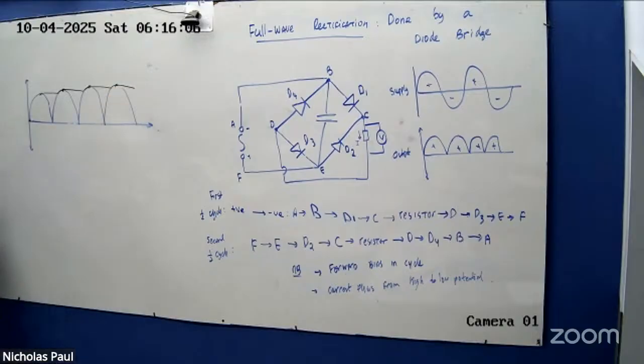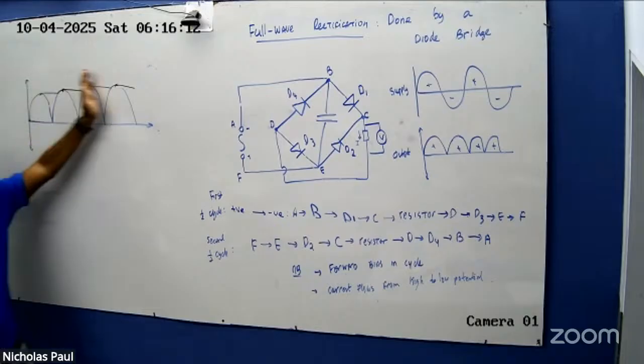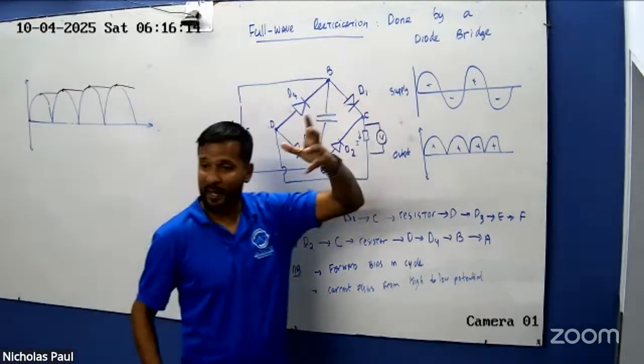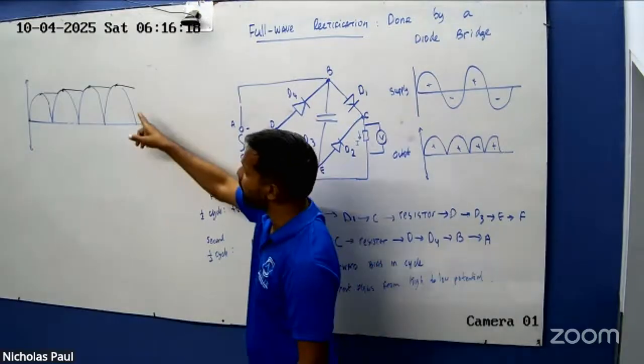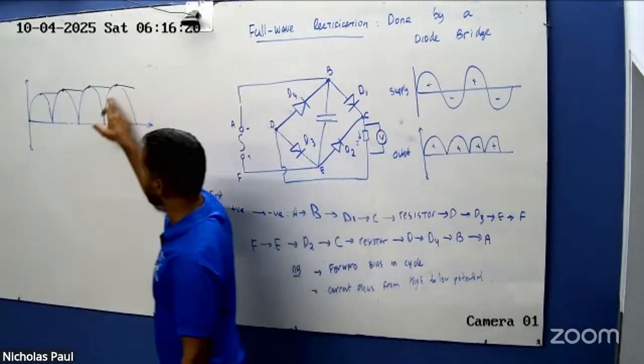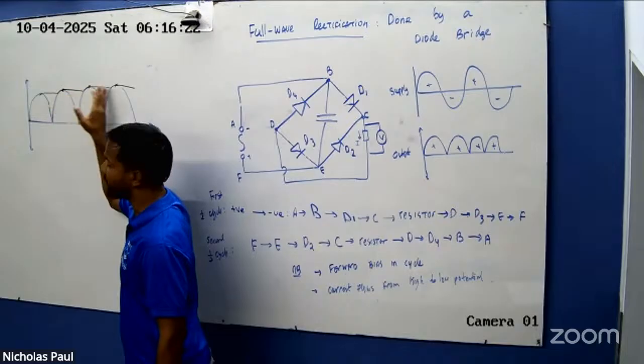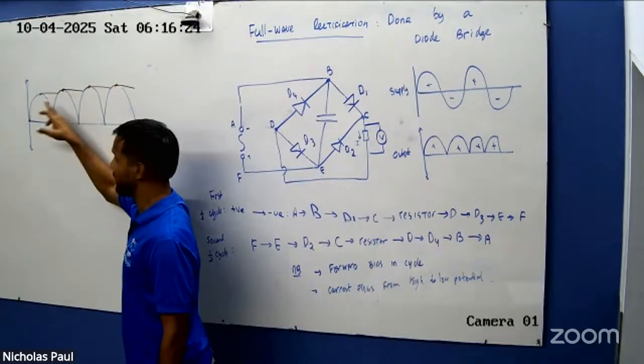To get a straight line, you need a capacitor that will charge here and then discharge through the whole thing. So the bigger the capacitor, the better that will happen. But for now, you need to understand how to go from full wave to smoothing out. This is smoother than this.